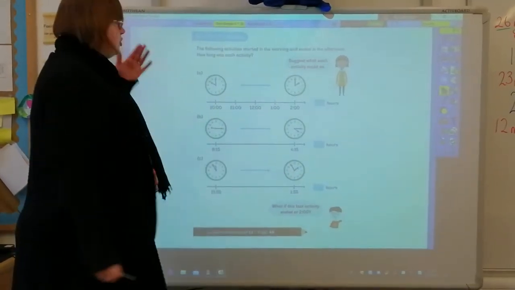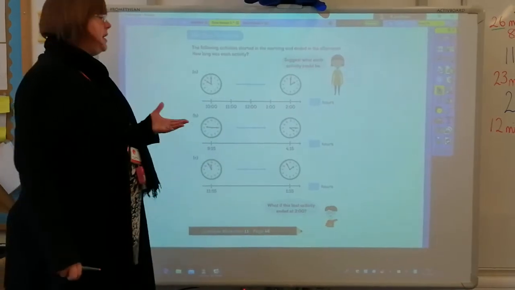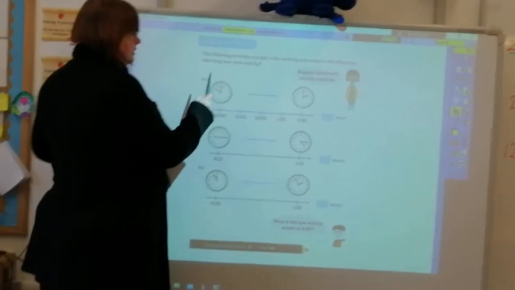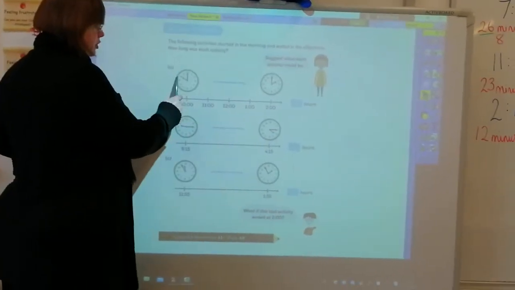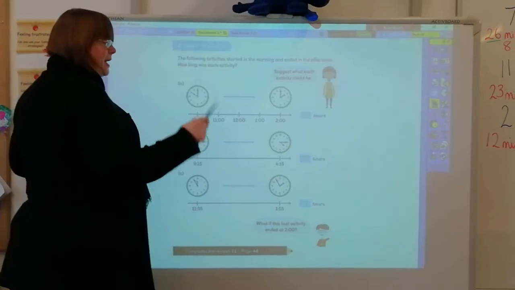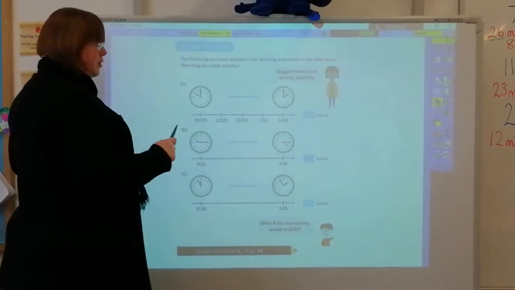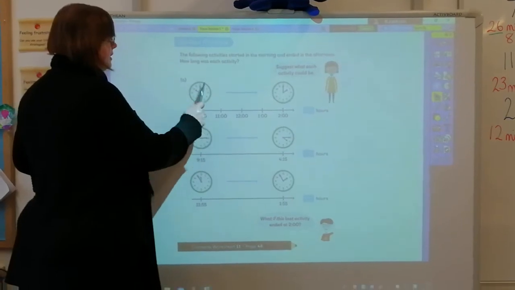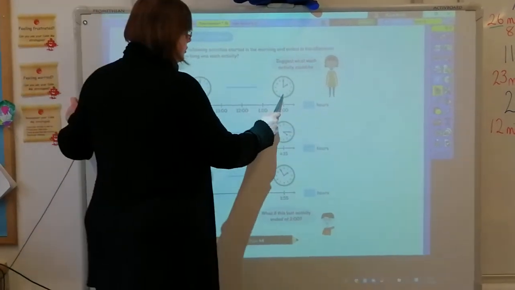Straight on, really simply, onto your guided practice. The following activities show you the start times and the end times, and you've got to work out how many hours this activity took. I will do the first one with you. The first activity started at 10 and it finished at 2.